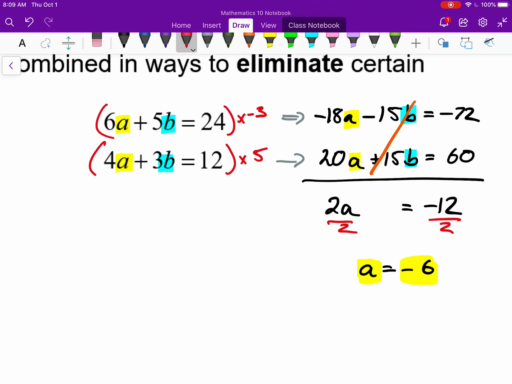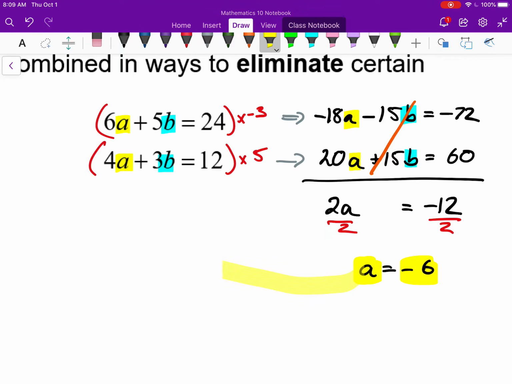And now that I found a, how do I find b? Well, similar to substitution, but this time it'll take a bit more work. Now that I know a is negative 6, I can put that negative 6 into any equation I see. This one, or these ones over here. I'd rather not use the later ones because they have larger coefficients. I'm kind of lazy and want to deal with smaller coefficients. So I can put a equals negative 6 into any equation that has an a and a b.